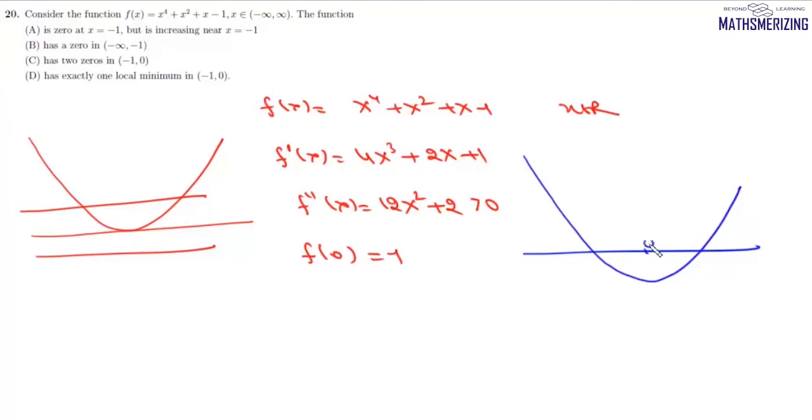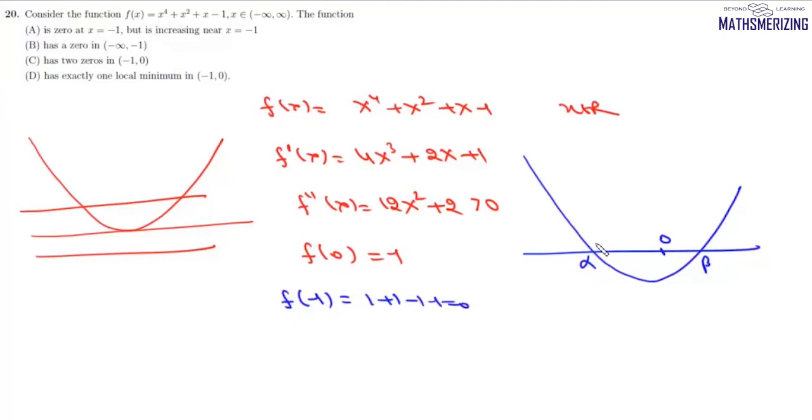Now 0 will lie somewhere between the two roots, say alpha and beta. Now we find f(-1). f(-1) will be 1 + 1 - 1 - 1. It is 0. That means one of the roots of this equation is -1.